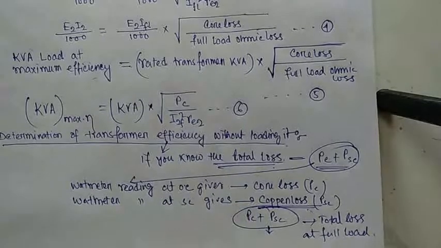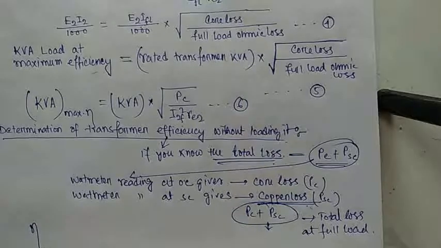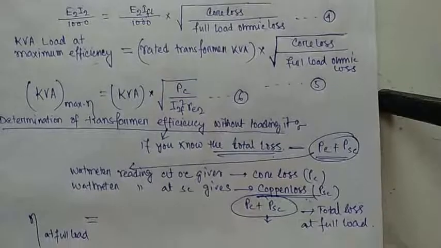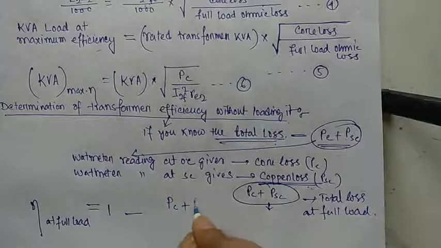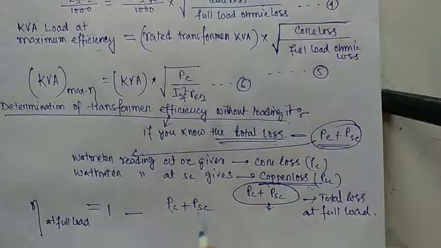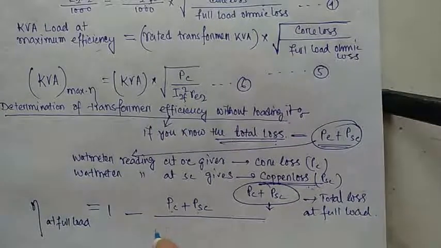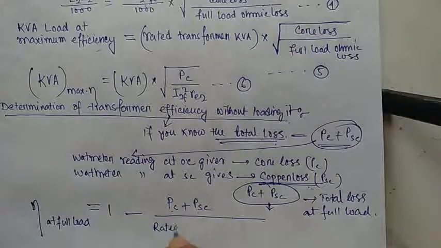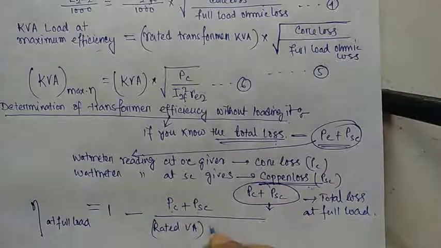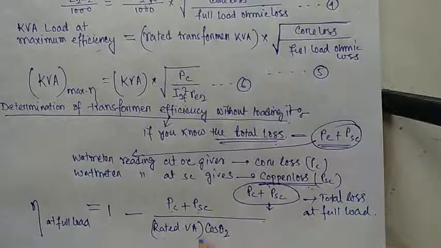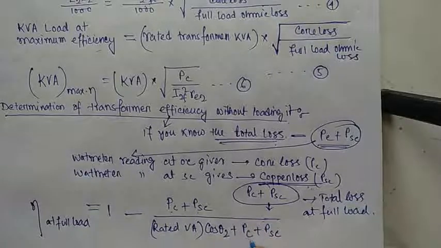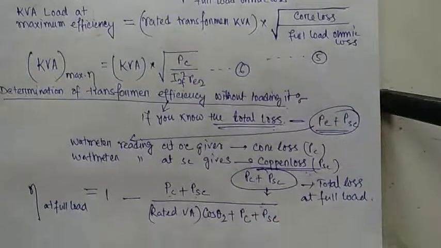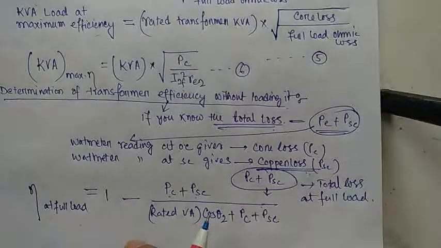Now you know that the efficiency at full load is nothing but 1 minus the total loss, that is PC plus P of SC, the core loss plus copper loss, divided by the rated VA into cos theta 2, that is V2 I2 cos theta 2, plus PC core loss plus PSC full load copper loss.